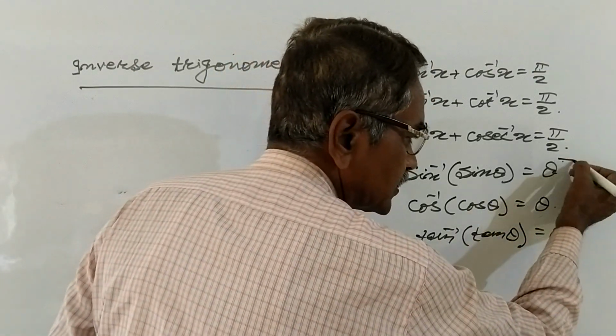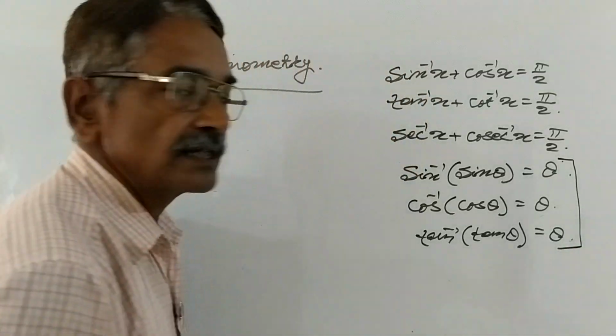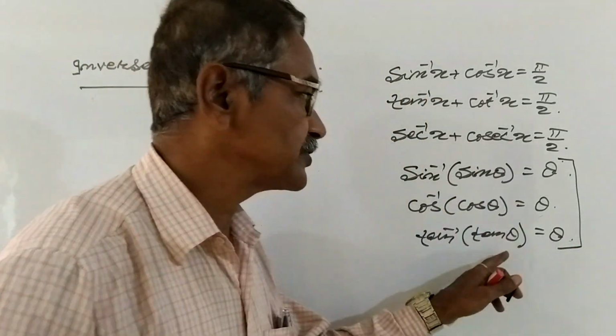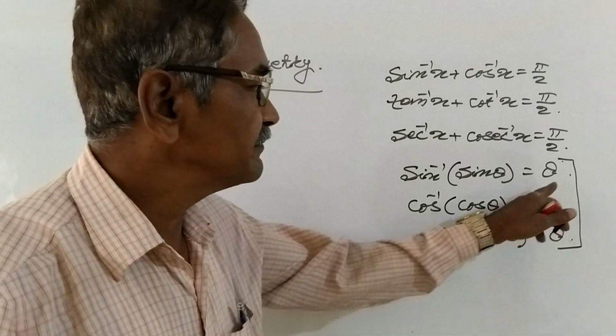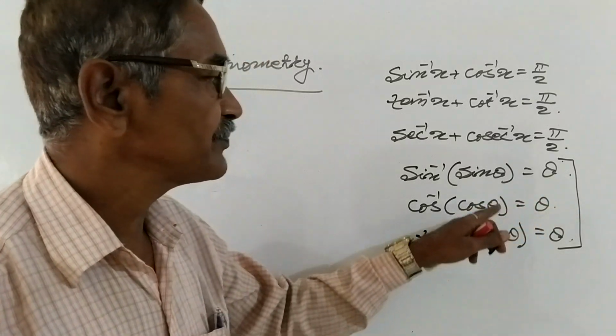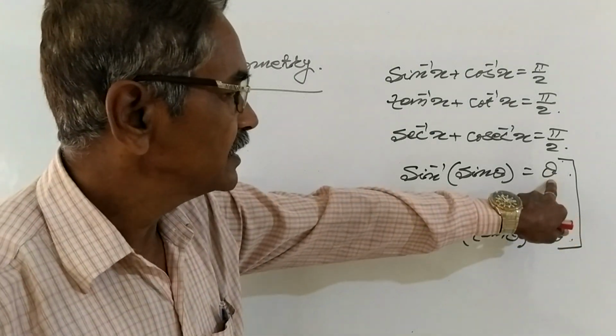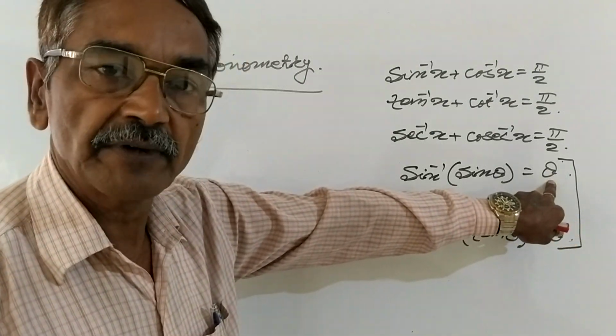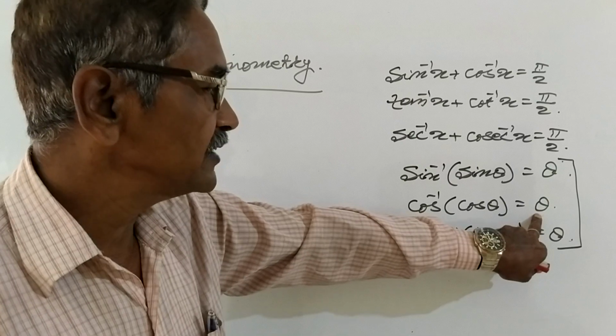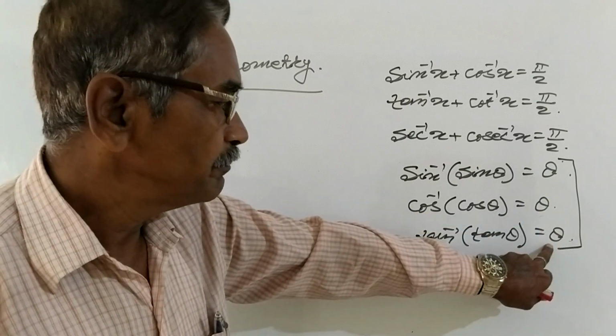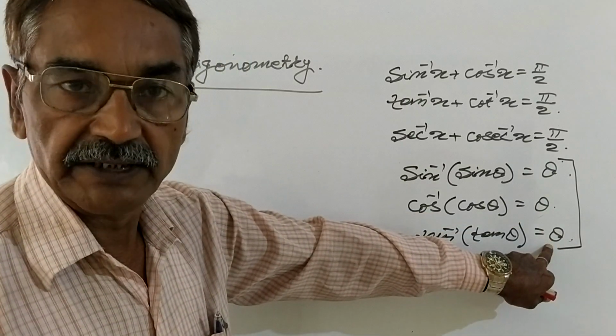But here you have to be cautious that this will be true only if theta lies within the limit. Within the limit means it is minus pi by 2 to pi by 2 for sine, 0 to pi for cosine, and between minus pi by 2 to pi by 2 for tan.